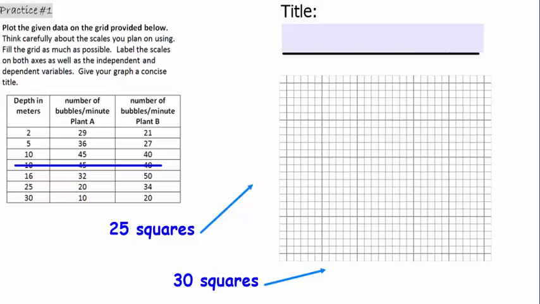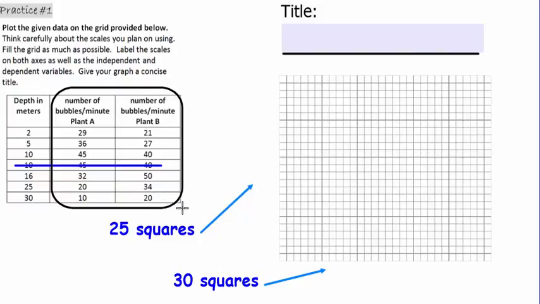To figure out which one is which, you can say the sentence: the number of bubbles from a plant depends on its depth in the water. You wouldn't say the depth in the water depends on the number of bubbles on the plant. So these bubbles, this is what we're going to put on our vertical axis.